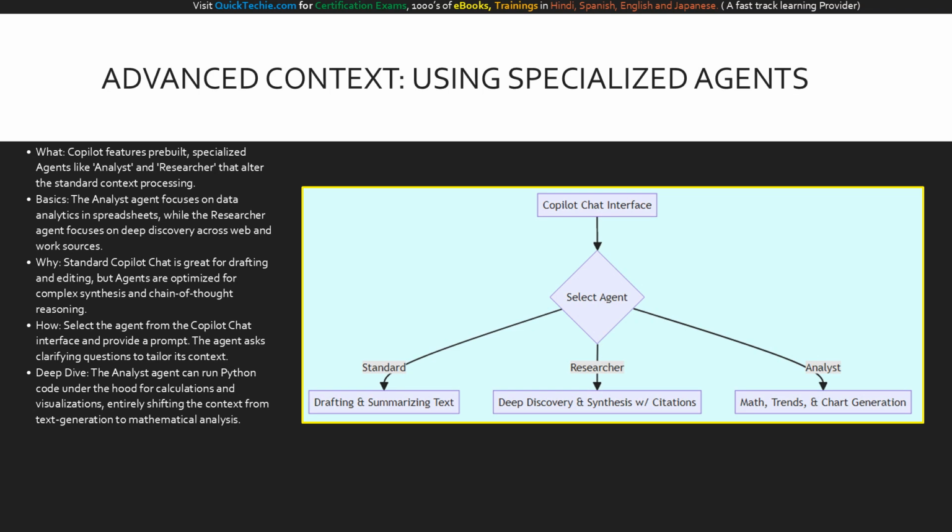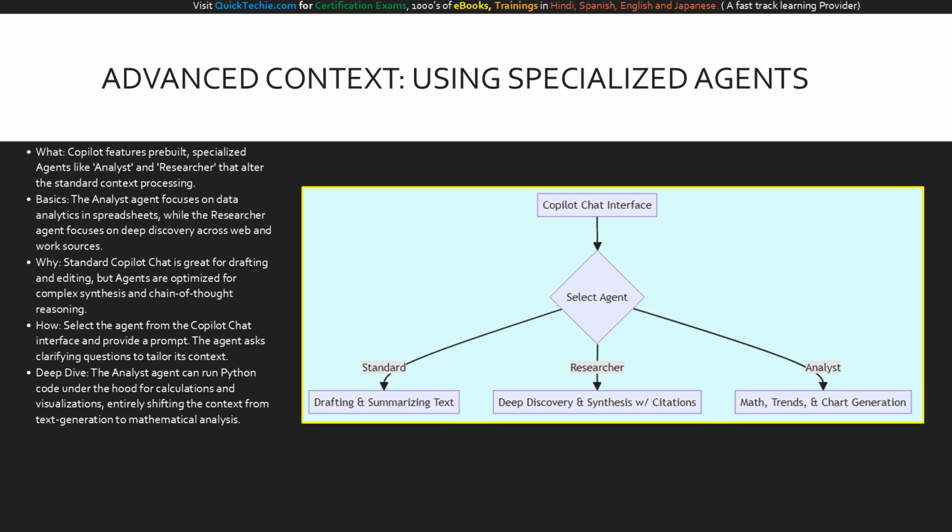Sometimes, establishing context requires a specialized mindset. That is why Microsoft introduced Copilot agents. These are expert teammates embedded in your interface. The standard Copilot is excellent at drafting and summarizing. However, if you invoke the researcher agent, you immediately shift the context to deep discovery, allowing the AI to synthesize structured reports using both internal and external web sources with citations.